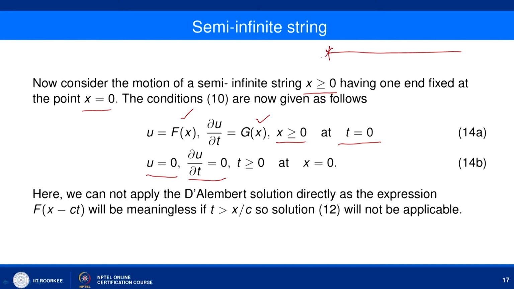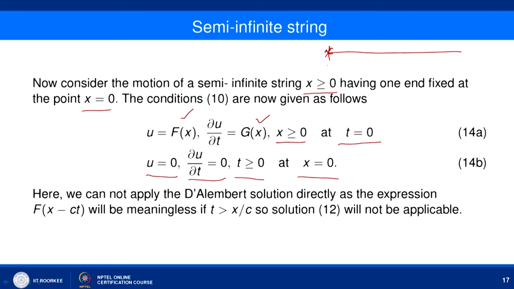At this fixed point the displacement as well as the velocity is 0, so the position and velocity remain 0 for all time t greater than or equal to 0.